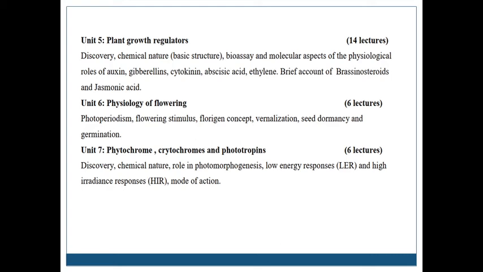These photoreceptors also help to protect plants from harmful radiations. In this portion, we have to understand the nature of phytochromes, the chemical nature, the structure, types of phytochromes, their light sensitivity, their conversion from one type to another, and the various effects.